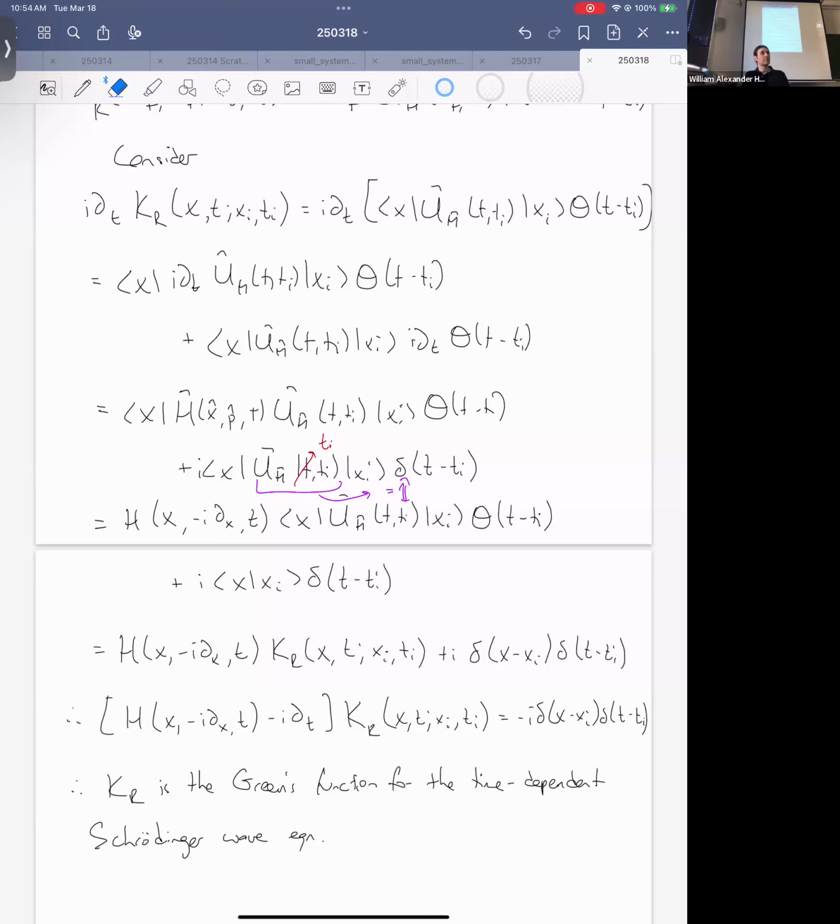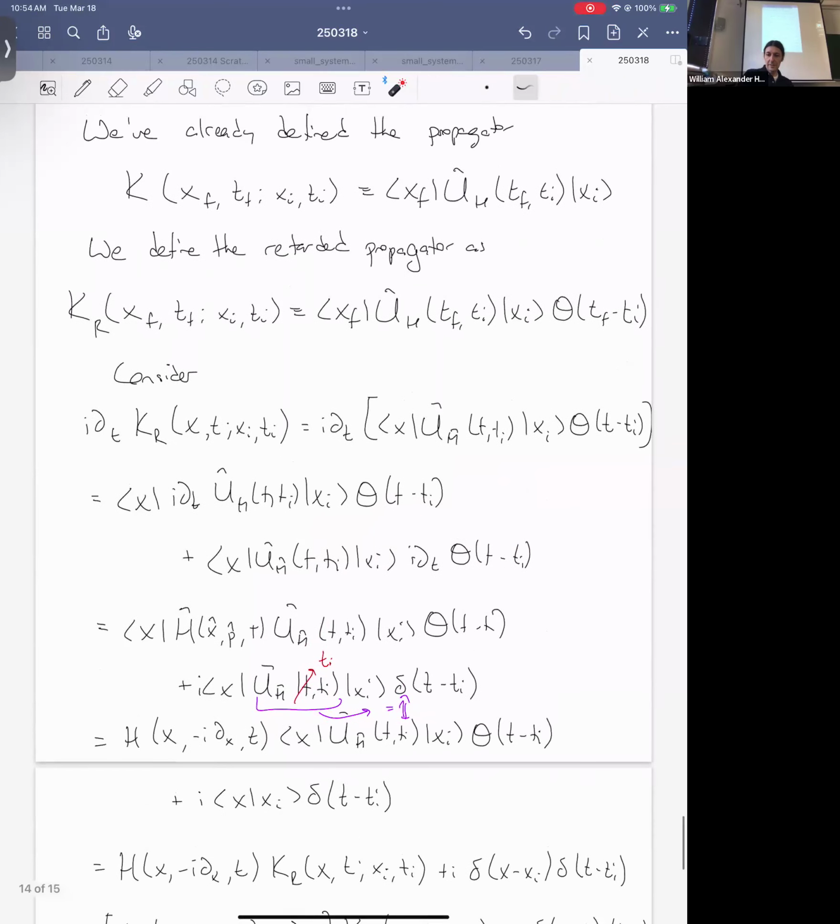Yes. Could you add another term with the function having t initial minus t final? I'm not 100% sure I understand your question. So I could certainly do something where I define an advanced propagator where this is swapped.